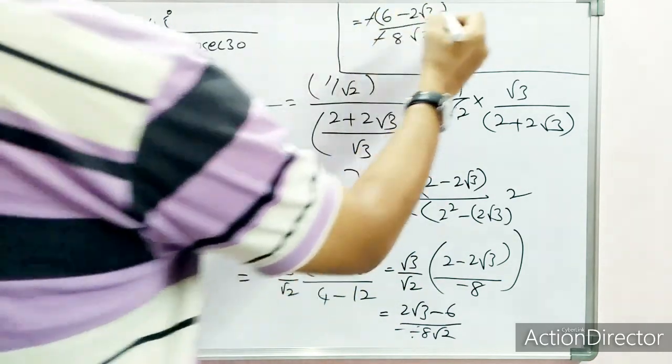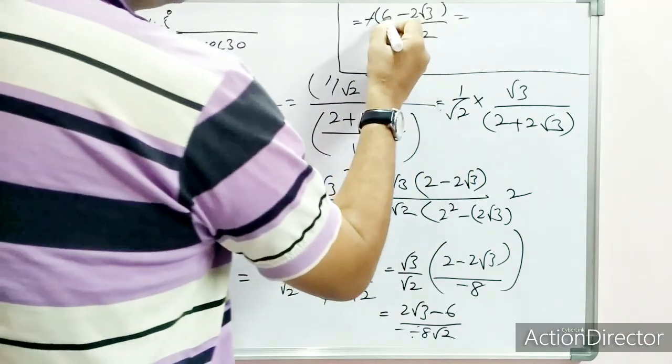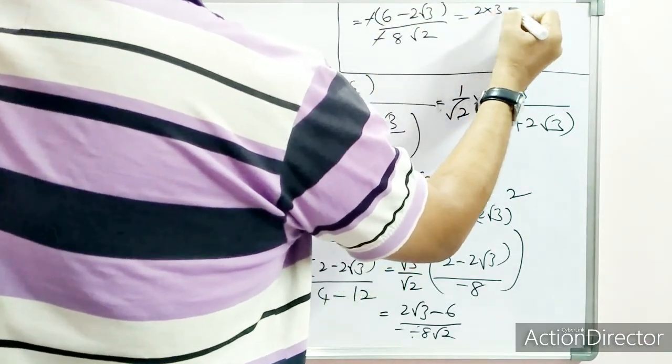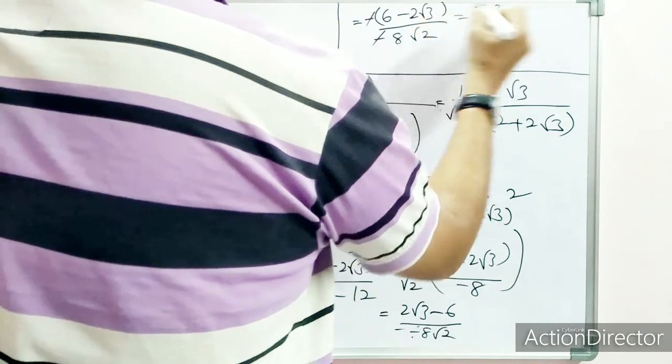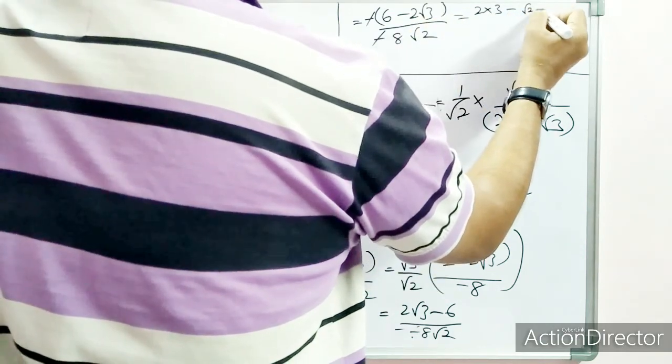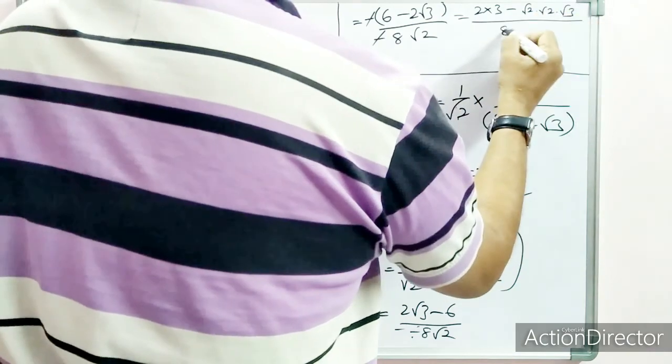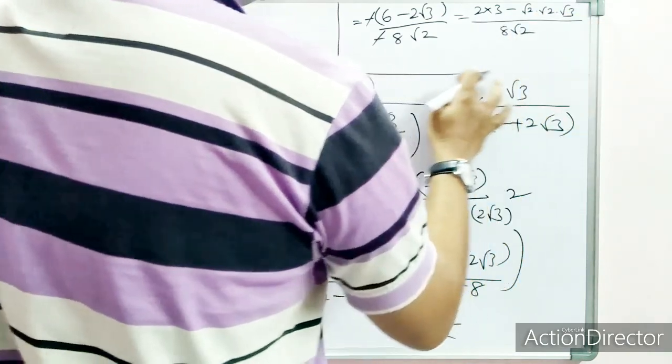Now in this you take common 6, we can write 2 into 3 minus root 3, and here we can write root 2 into root 2.